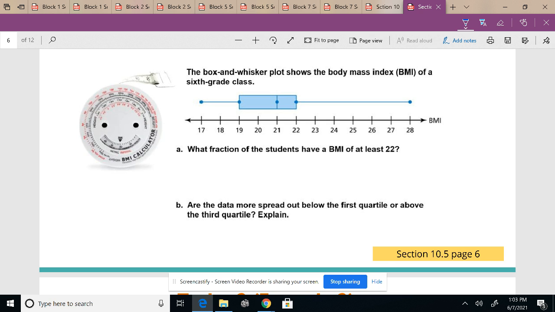When it's saying at least 22, that means it has to be 22 or more. Remember what we said, each section is 1/4. So from here to here, even though it's really long, it's still only 1/4. So we're going to say 1/4 of the students.